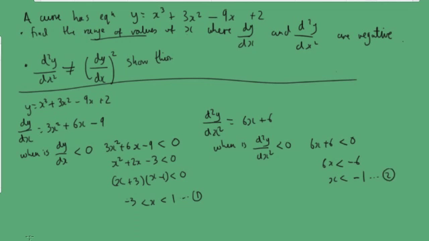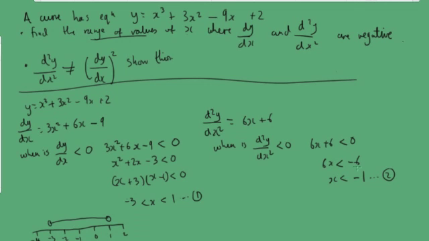So let's draw a number line. We have 2, 1, 0, minus 1, minus 2, minus 3, and we'll go down to minus 4. So we want to know where both derivatives are negative. So for the first one, we have the range of values from here to here.